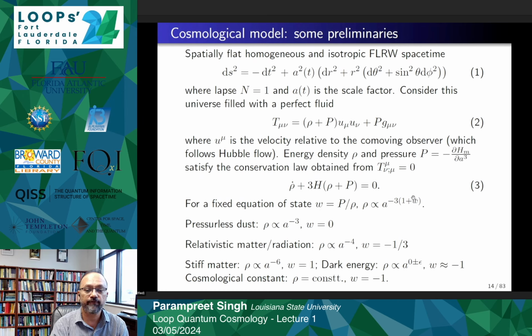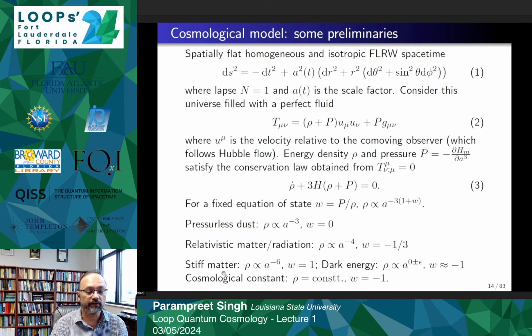from this conservation law, it follows that energy density is proportional to the scale factor to the power minus 3 times (1 plus w). If you have pressureless dust, then the equation of state is 0 because pressure is 0, and energy density goes as a to the power minus 3. If you have relativistic matter or radiation, energy density goes as a to the power minus 4.